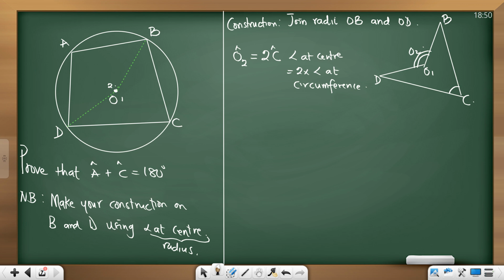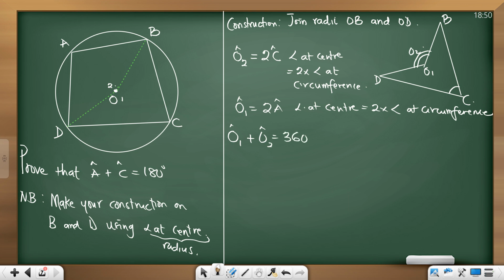I'll just reverse it now. O1 must be equal to what? 2A. Again, angle at what? Center. Beautiful.